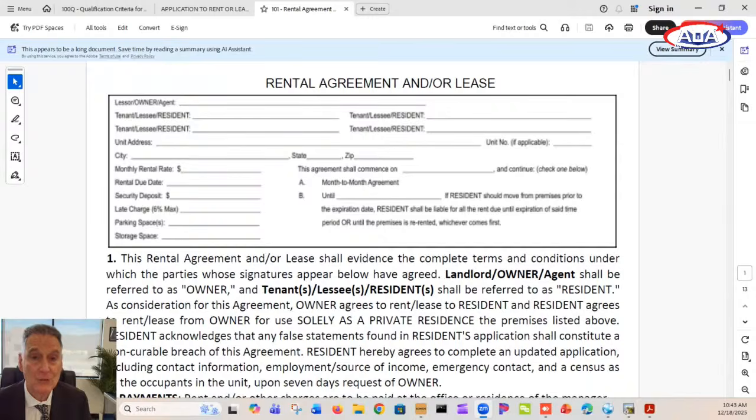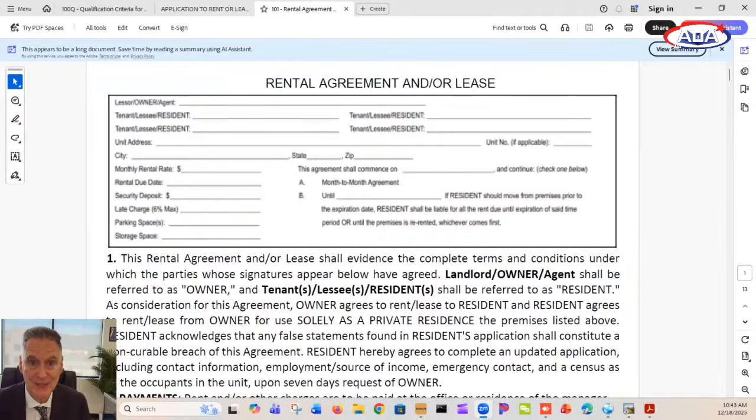You can't do it unless there's a phrase in your rental agreement that says your tenancy may be terminated for an owner or a family member move-in. If you don't have that exact language in your rental agreement, which of course is contained in the AOA rental agreement, then you can't ask that tenant to move, and your son is going to continue to live with you until probably he's about 62 years of age, okay?